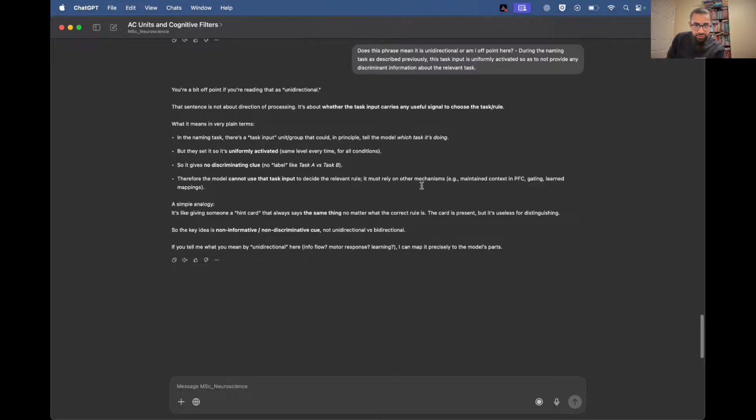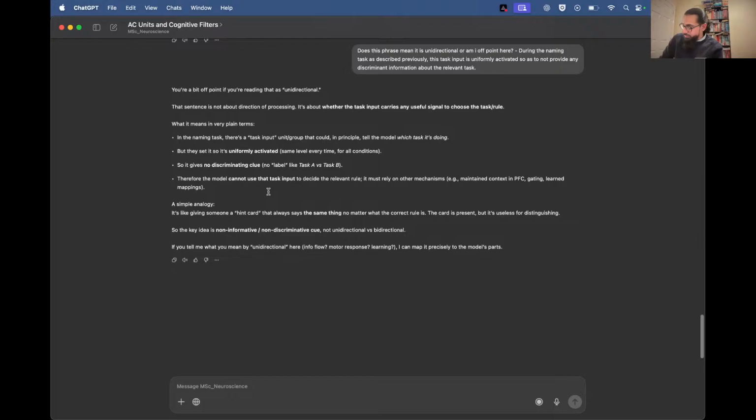It must rely on other mechanisms: maintained context in prefrontal cortex, gating, mappings. I was about to say mappings. So, therefore, the model cannot use that task input to decide the relevant rule. It must rely on other mechanisms.